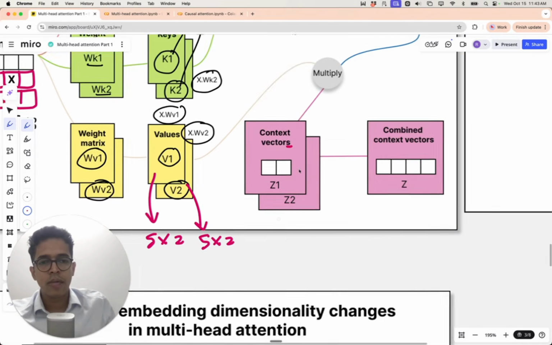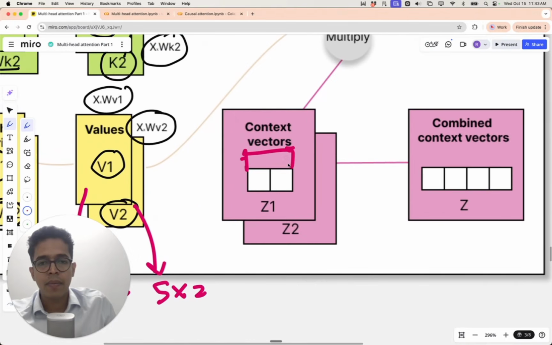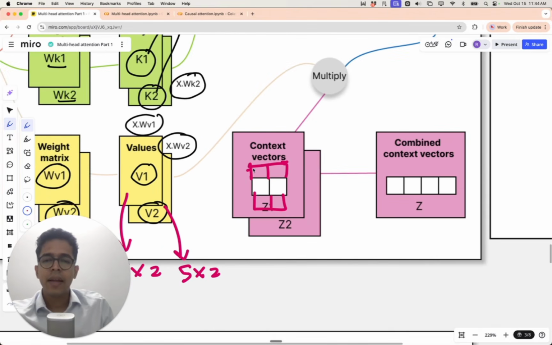So 2-dimensional vectors, but there will be 5 of them. And why is the dimensionality 2? Because we created these context vectors using query, key and value whose dimensionality was 2. The input embedding dimensionality was 3, but the query key value space had a dimensionality of 2.